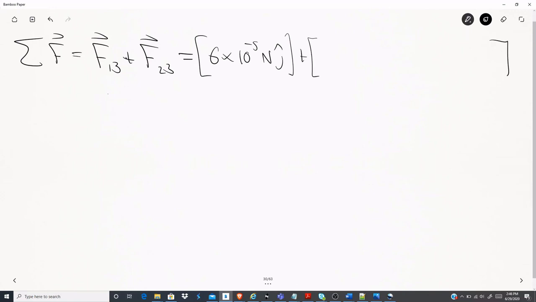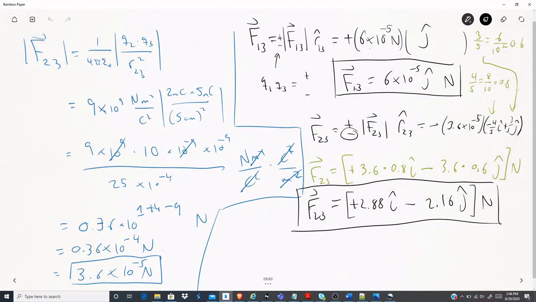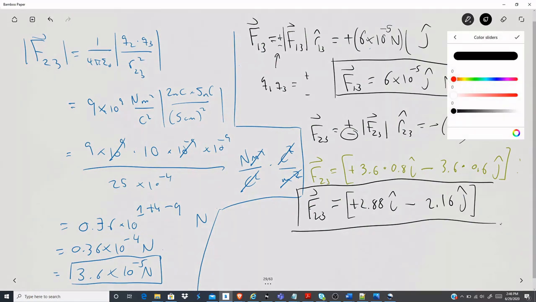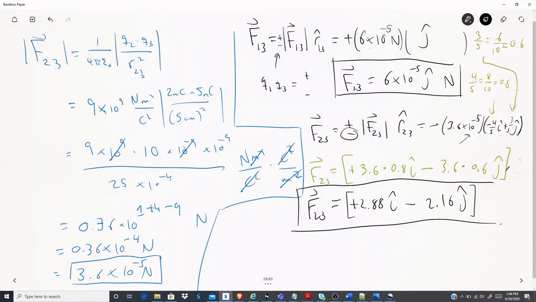And we're going to add on to that force 2, but I did just notice that my orders of magnitude are off because I dropped my 10 to the negative fifth here. To fix that, I'm just going to put the 10 to the negative fifth outside these brackets, times newtons.